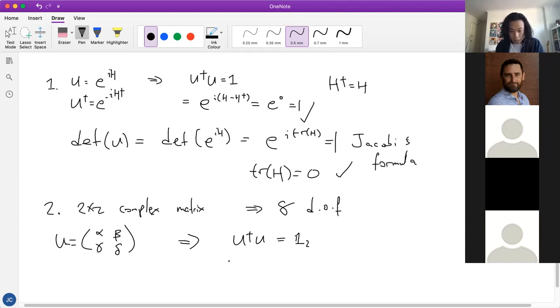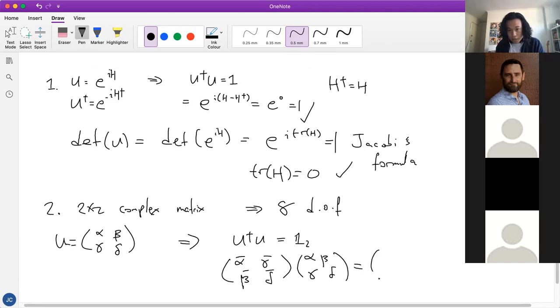So then that will be alpha conjugate, gamma conjugate, beta conjugate, delta conjugate, times alpha, beta, gamma, delta.